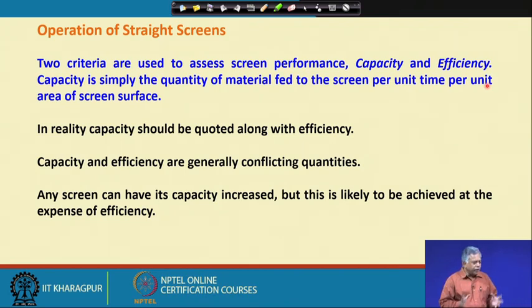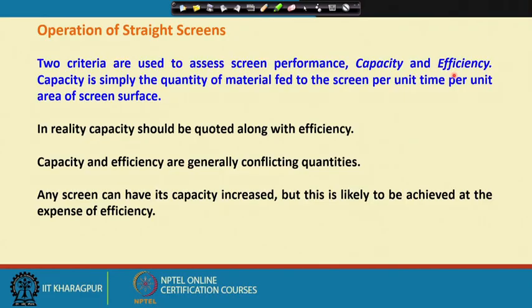That means, if I want to process 500 tons of material per hour, how much screen surface area do we actually require? More surface area means more screening time, and so lesser capacity, or more investment and more land space is required.